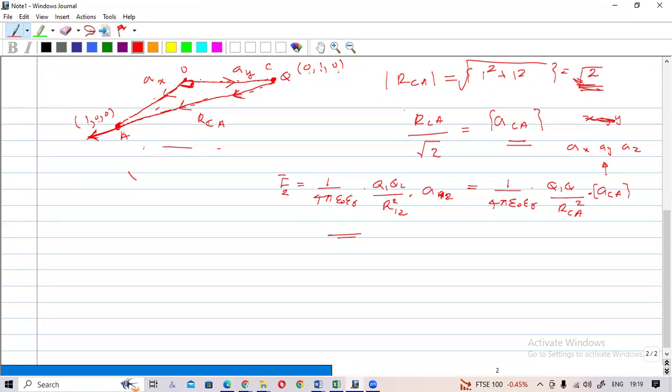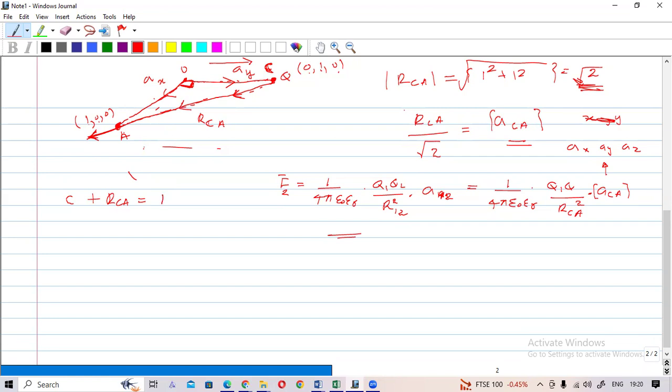I will write this vector as C. This vector as C plus this vector RCA equals this vector.